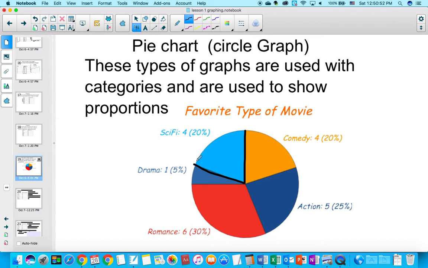Equal to the circle. And so this sci-fi pie slice is equal to 20%. This pie slice takes up 20% of the circle.